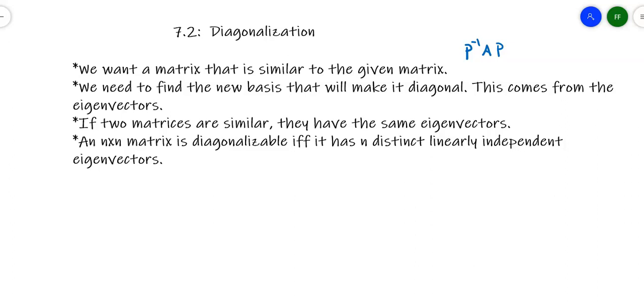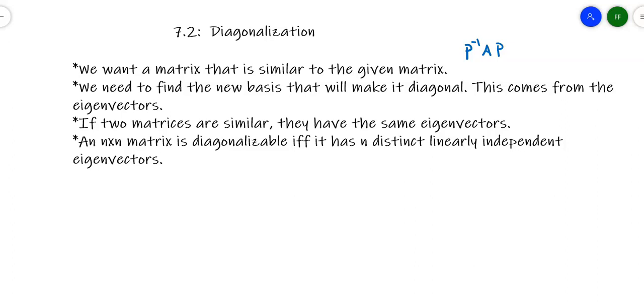If two matrices are similar, it turns out they have the same eigenvalues. So if you do P inverse times A times P, the new matrix that you create and the old one have the same eigenvalues. The last one is kind of important when we go to set these things up. If you've got an n by n matrix, it's diagonalizable if and only if it has n distinct linearly independent eigenvectors. So we had done an example a couple of sections ago where we had a 2 by 2 matrix, but we only came up with one eigenvector.